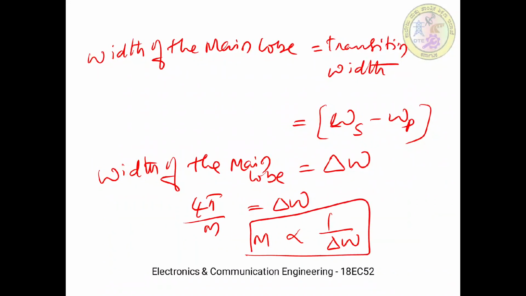That is, it is possible to reduce the transition width by increasing the number of samples m in the window function w of n. So m and the transition width are inversely proportional. In the next session we will see what steps should be followed to design the FIR filter using the rectangular window.